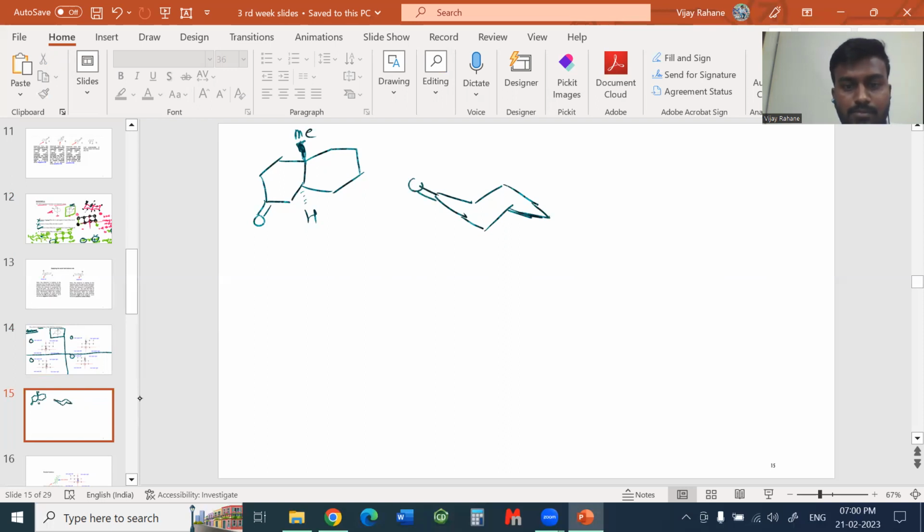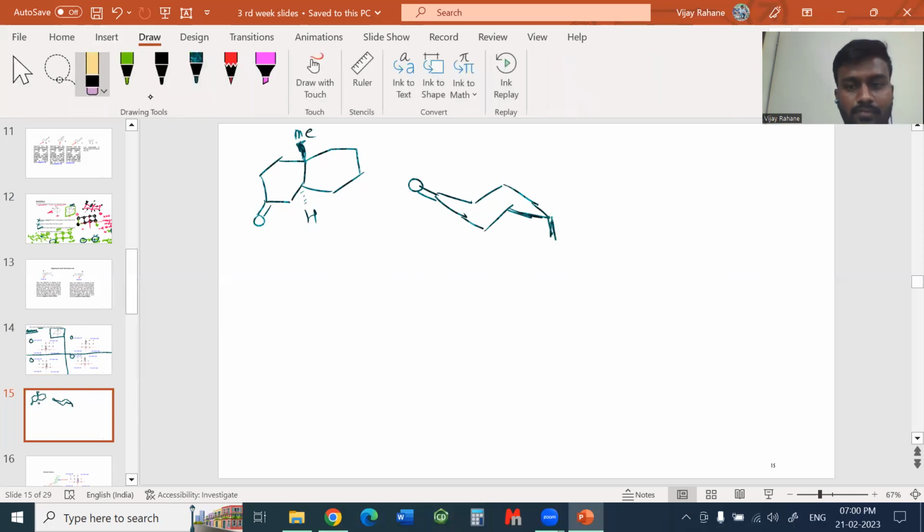Here will be carbon-carbon. Yeah, methyl is axial.